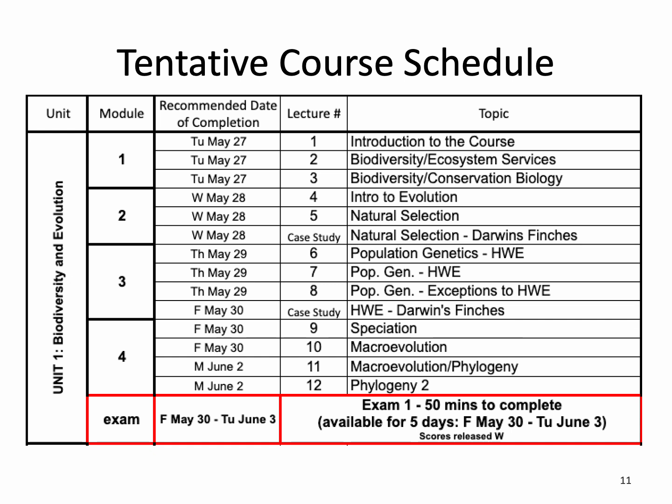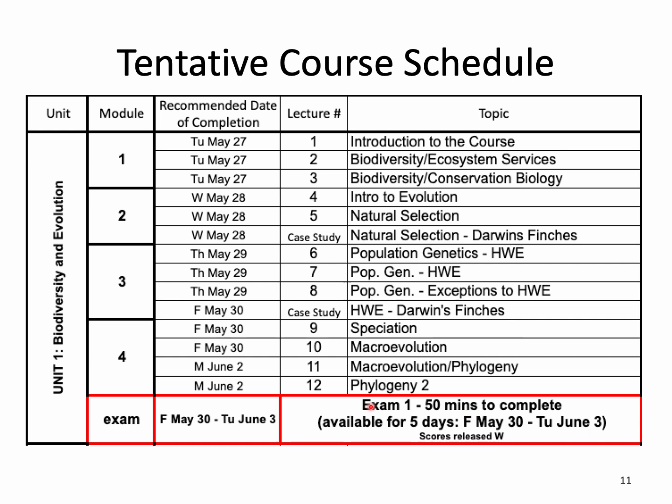So for example, I'm recommending watching lectures 2 and 3 and completing Module 1 by Tuesday, May 27th. Lectures 4 and 5 and the associated case study by Wednesday, May 28th. So on and so on.